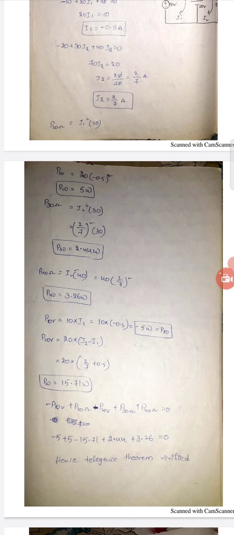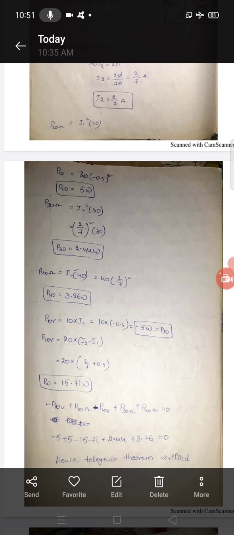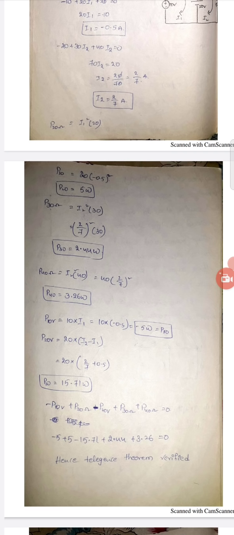Similarly, the power delivered by the 20 volt source: that is 20 into the current flowing through the second source, which is I2 minus I1, so 20 into 2 by 7 plus 0.5. You will get the power delivered by the 20 volt source as 15.71 watts, right?